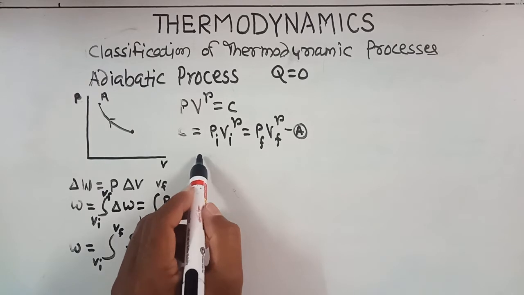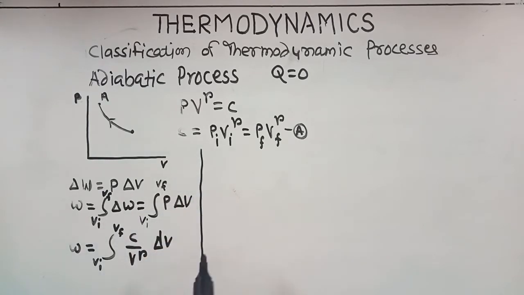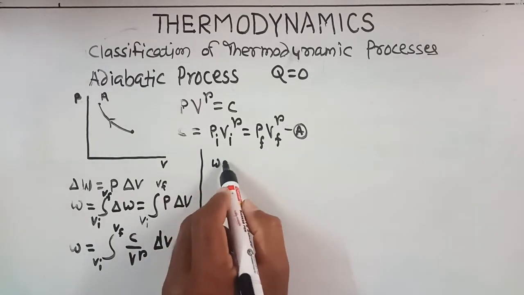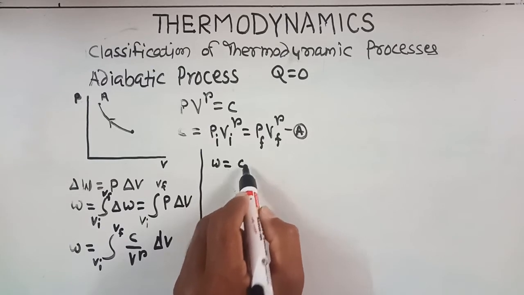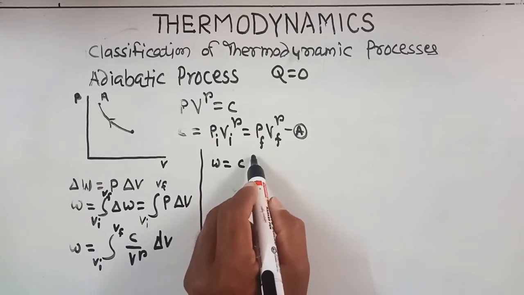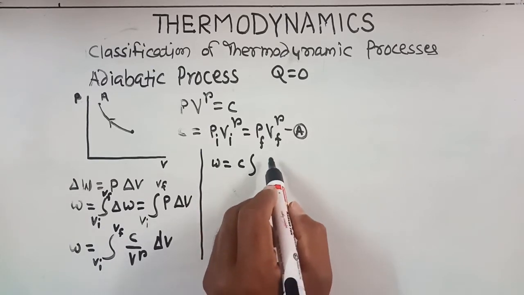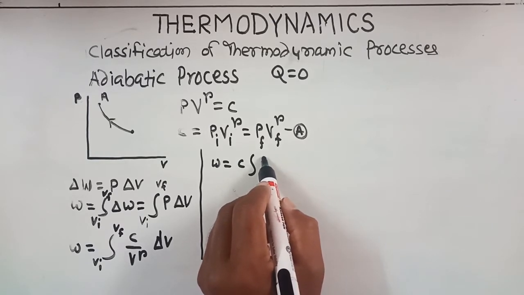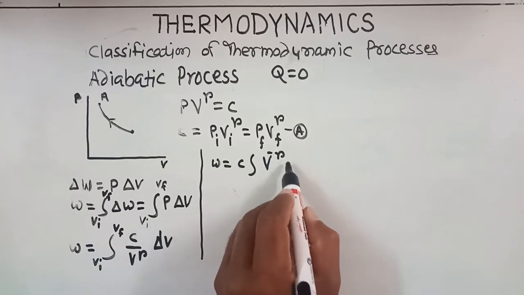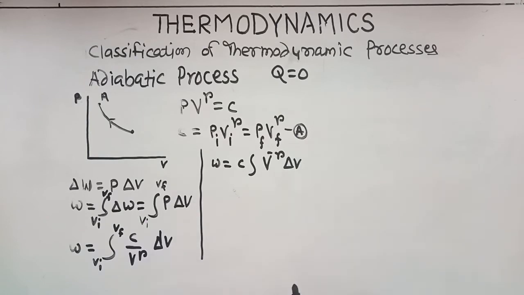So the work done W is equal to C, outside the integration, of V raised to minus gamma into dV.